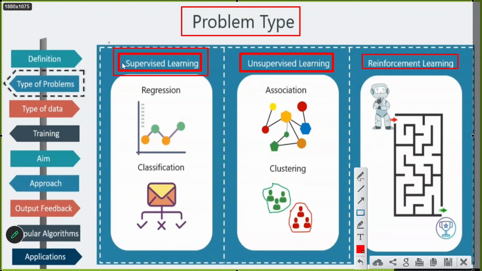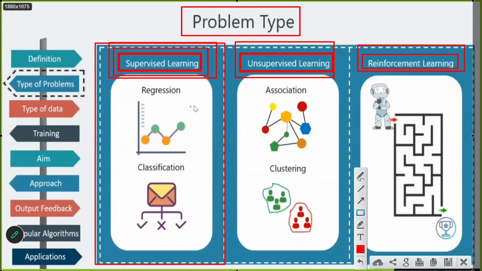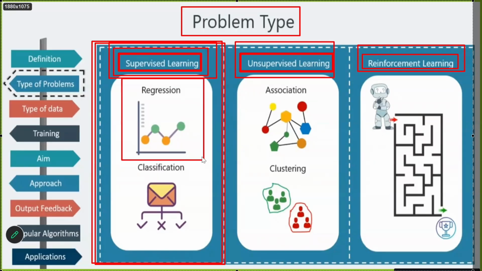For some time, let us keep unsupervised learning and reinforcement learning aside and mainly discuss supervised learning. Using supervised learning, guys, we can deal with two types of problems. One is regression and another is classification.